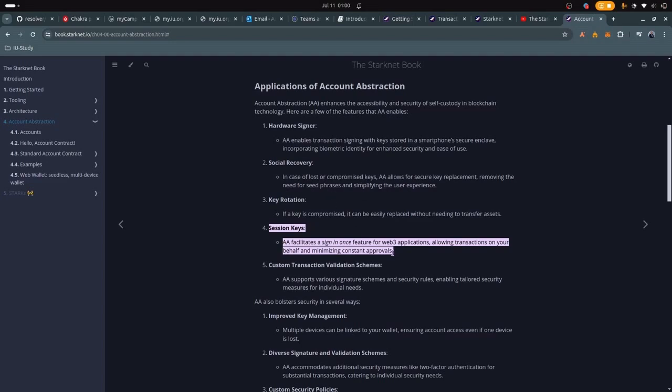It allows transactions on your behalf and minimizes constant approvals. Instead of approving each level, you just sign once for the whole session, from level 1 to the last level. It's really amazing, an exciting feature on Starknet.